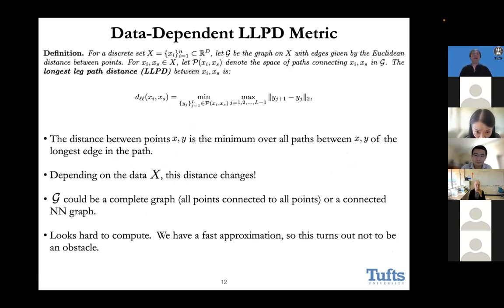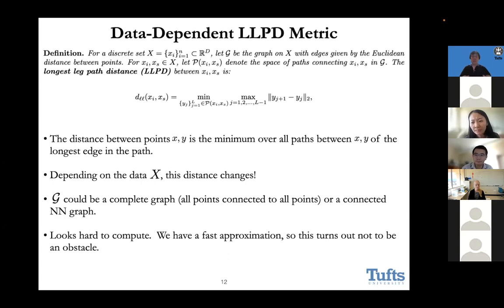So what we do is we say I have my set of observations, and I'm going to put some Euclidean edges between these things, right? So this definition is going to be, we're going to imagine a complete graph with these xi's as the nodes, and between every pair of xi's, there's an edge whose weight is the Euclidean distance. And we're going to do essentially a shortest path problem in that graph, but we're not going to give the penalty or the value to a path in that graph equal to the L1 norm of the edge steps, that is to say, we're not going to define the cost of a path to be the sum of all the edges in it.